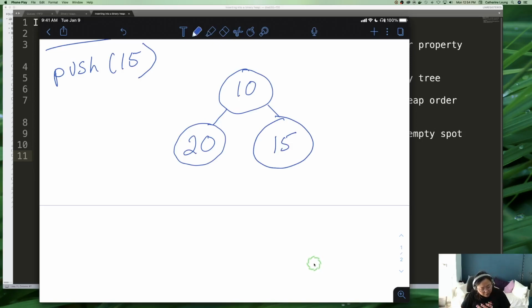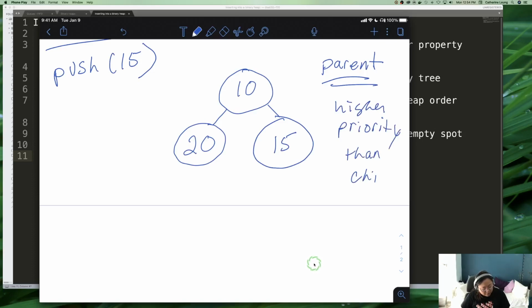The algorithm simply says, parent, really important, parent is higher priority than children. That is heap order. That is the only thing that it says. It doesn't say sibling is higher priority. It just says parent is higher priority, okay?